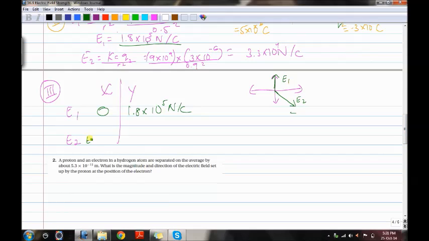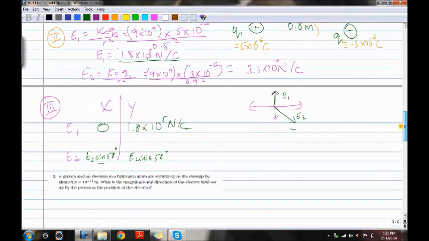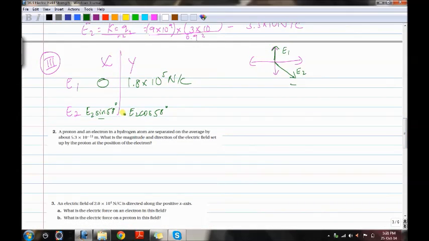So here it would be E2 sine 58 degrees, and here it would be E2 cosine 58 degrees, from the theta that we have found before, 58 degrees, and here it would be negative. So the answer would be negative 1.74 times 10 to the power 4 Newton per coulomb, and here 2.8 times 10 to the power 4 Newton per coulomb.